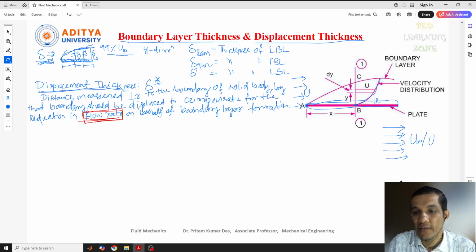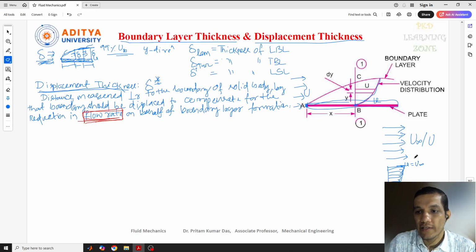Near the boundary, near the surface, it will be 0. Then there will be a slight increment, then again a slight increment in the velocity. Slowly this velocity will be equal to the free stream velocity at this point. So there is a velocity distribution, or velocity change. Now at this point, we can say small u is equal to u infinite or U.